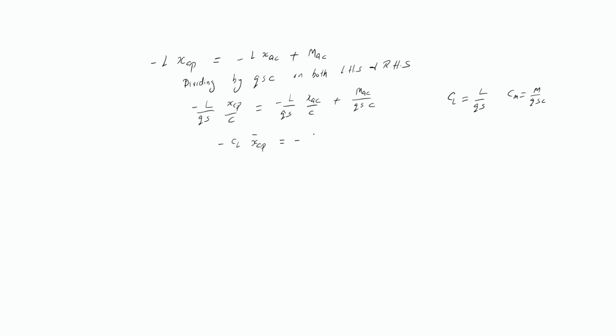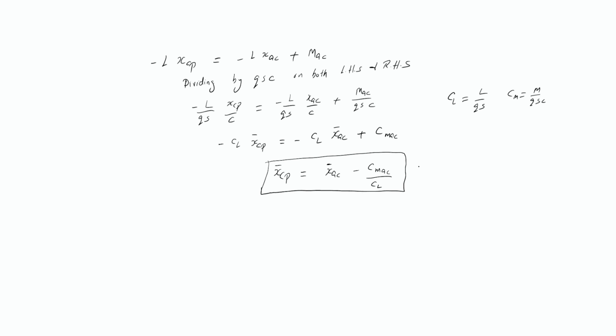Now finally we can write XCP bar equals XAC bar minus CMAC upon CL. Now let me just put it in a box.